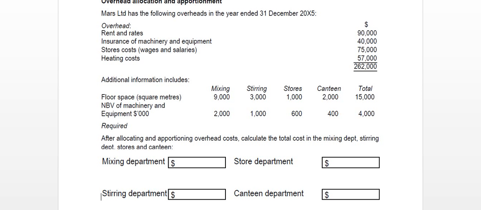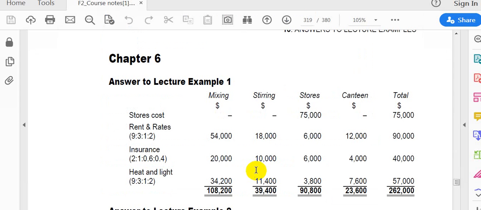So you prorata again the 40,000: 2 divided by 4 times 40, 1 divided by 4 times 40, and so on, to give you 20,000, 10,000 and so on, until the whole 40,000 is prorated.